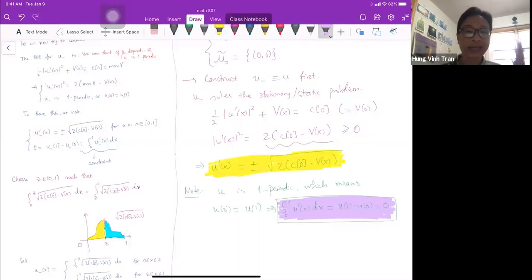This is very suspicious up to this moment, because there can be different ways that you can choose things, but what it means is that you need to choose u prime to be positive in certain parts and negative in certain parts, and then the positive and the negative parts cancel out.